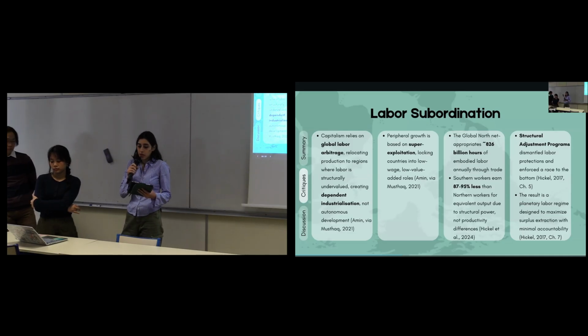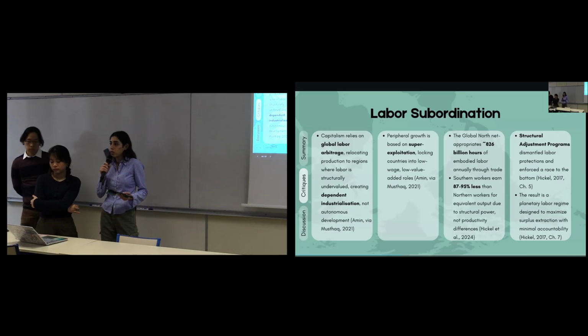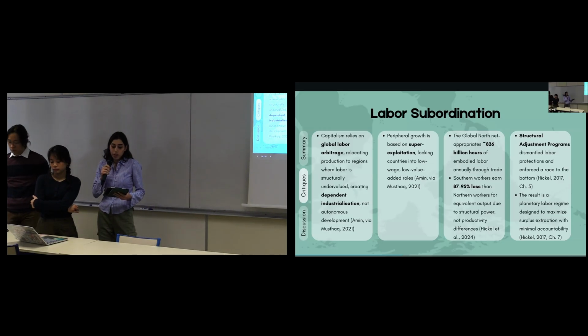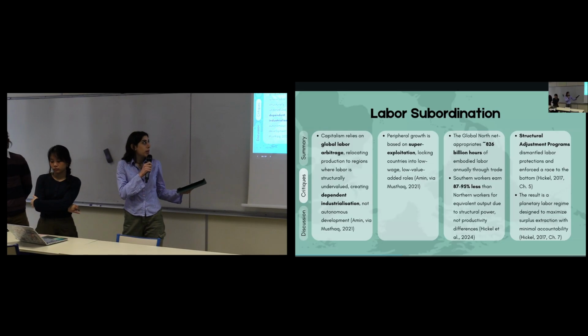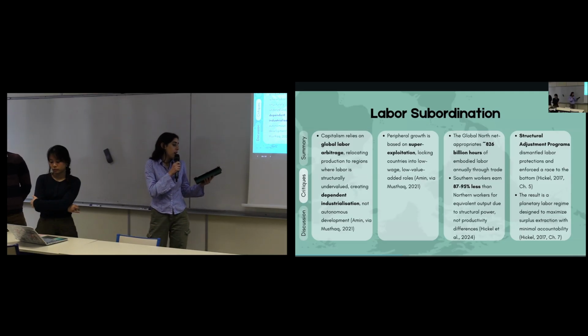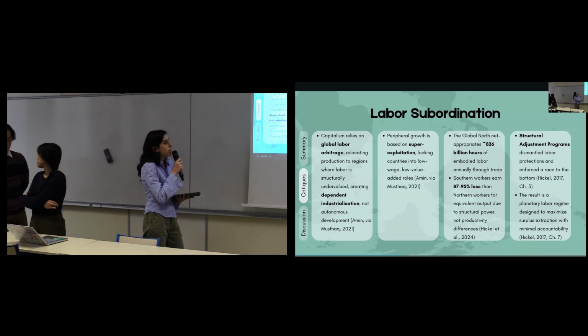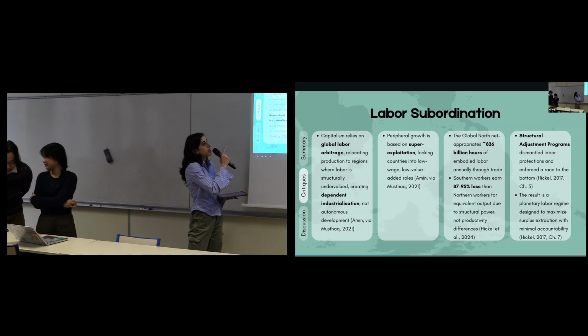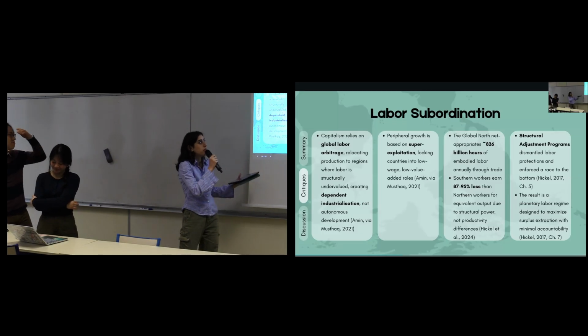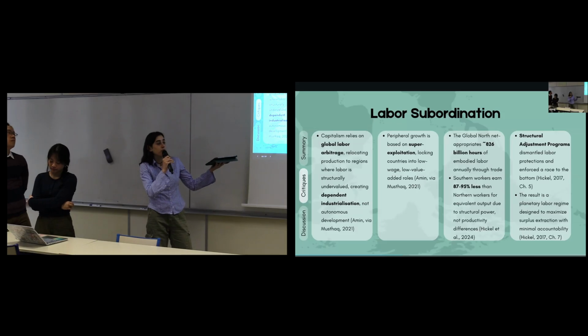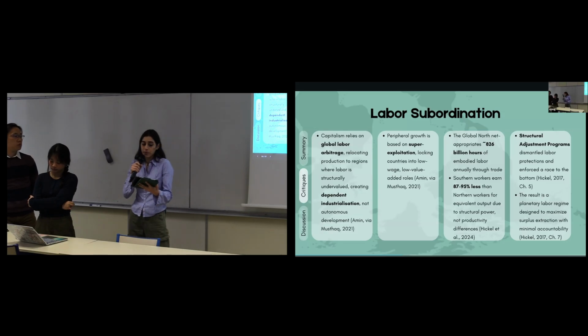This locks southern economies into dependent, low-wage, low-value-added production, which he calls super-exploitation. And it's because of this super-exploitation that we have global north appropriation of 826 billion hours of labor from the south. This is also enabled by a wage gap of 87 to 95% less for the same or equivalent output.